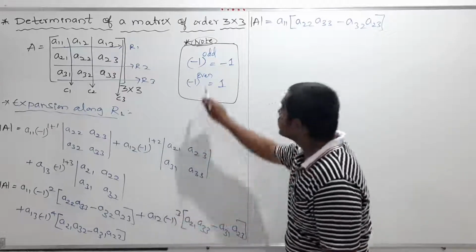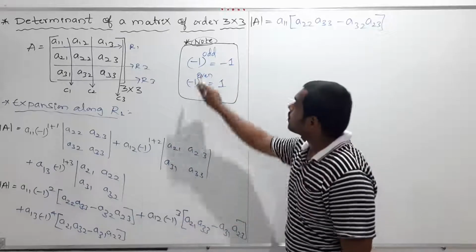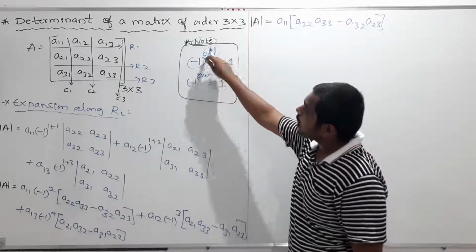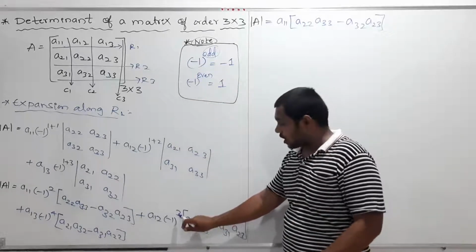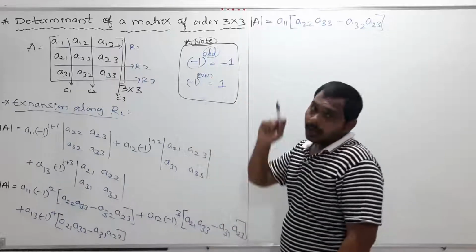3 means it is odd. (-1) whole to the power, if you have any odd number, 3 is an odd number, so an odd number is there, which means the answer will be -1.